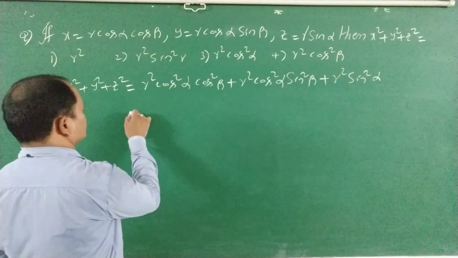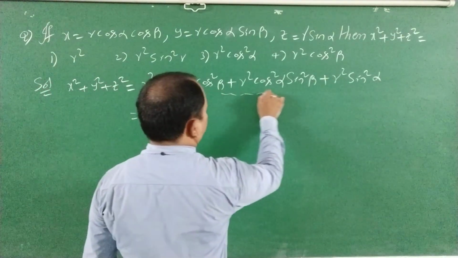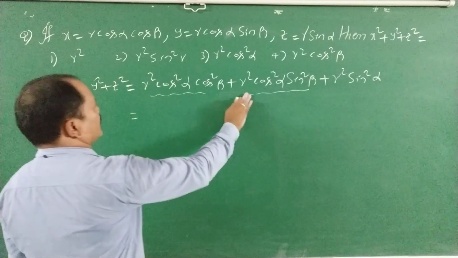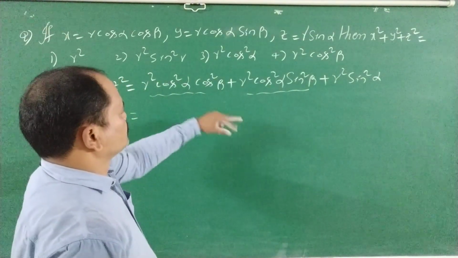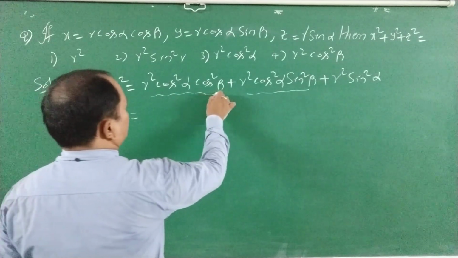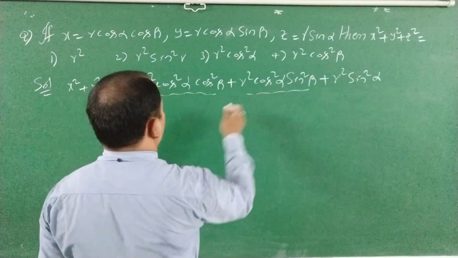Now from the first two terms we have to take r square cos square alpha common.